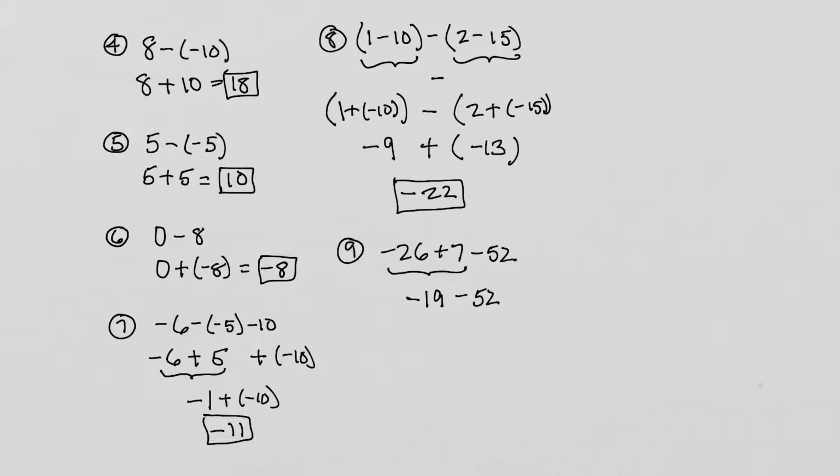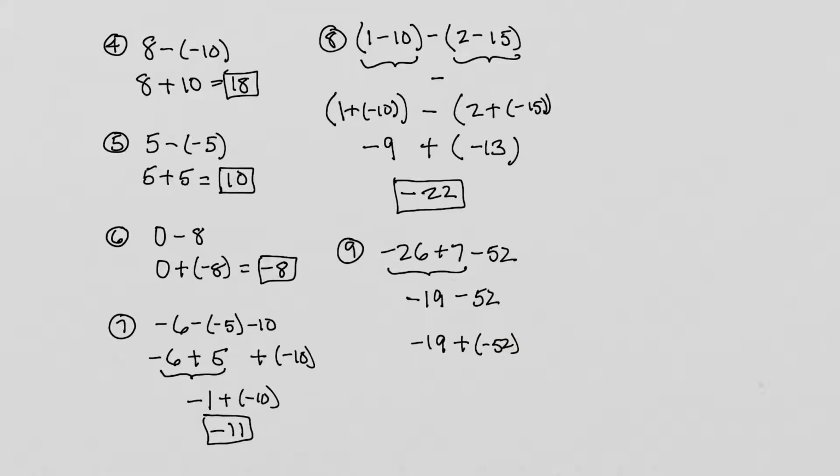Now, I've got a subtraction here, right? So we change that subtraction to addition, negative 19 plus the opposite of 52, which is negative 52. And now we're adding two numbers with the same sign, negative and negative. So we find their absolute values, 19 and 52. We add those absolute values together.